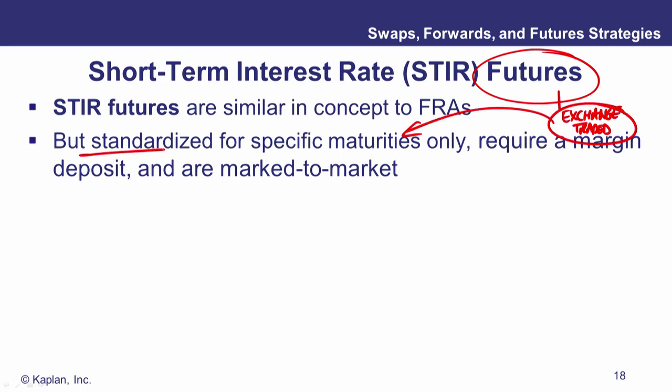There are only specific maturities. You're going to be margined by the clearinghouse that is working with the exchange and marked to market every day, so you have to pay losses essentially as you go. The other thing is the details of the contract are specified and set by the exchange. It's not negotiable.